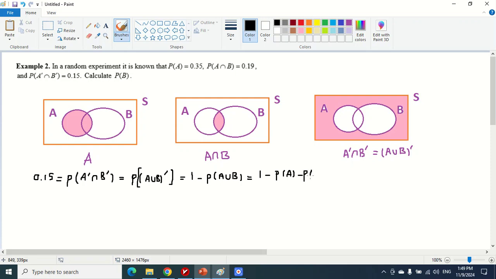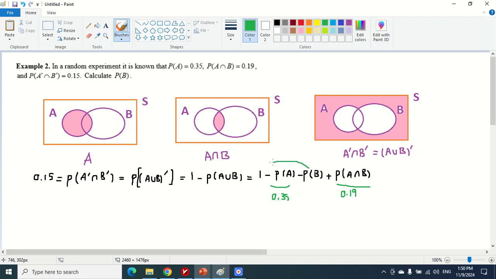Because we have a negative outside, it affects both of them, so over here the intersection becomes an addition, the probability of A intersected with B. Now I have the values: the probability of A is given by 0.35, and the probability of B is unknown. The probability of their intersection is given by 0.19. So right now I can calculate the probability of B.